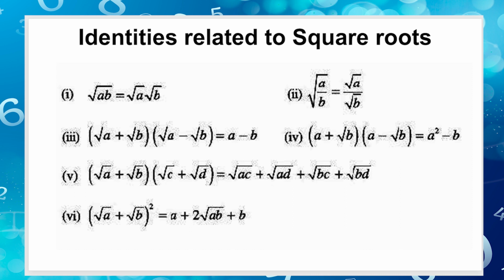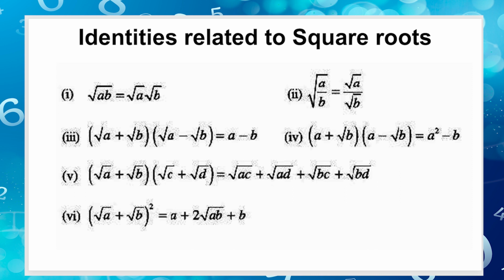Root AB equals root A into root B. Second, root A upon B is equal to root A upon root B. Third one, root A plus root B into root A minus root B is equal to A minus B. Fourth one, children, A plus root B into A minus root B equals A square minus B.